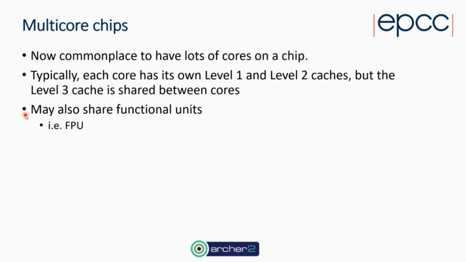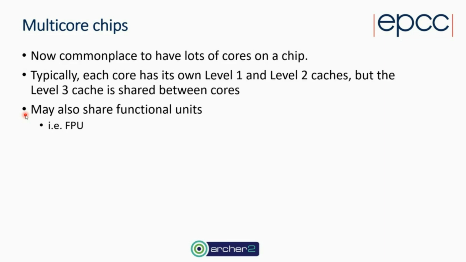Then there's this wider set of coarse-grained parallelism. I don't know if you remember a few slides ago, I was discussing that there are different ways that processor manufacturers have aimed to use these extra transistors they have access to, to give better performance on applications.